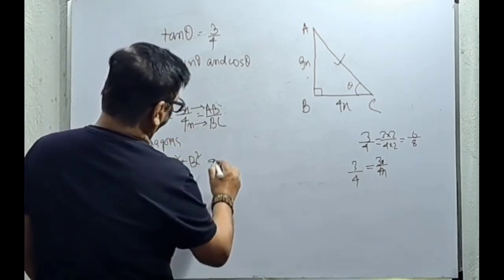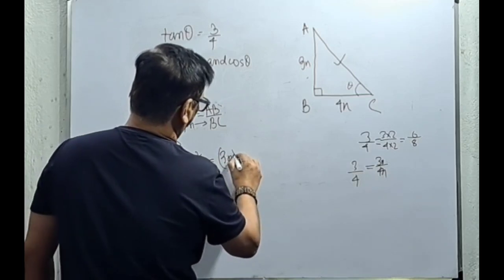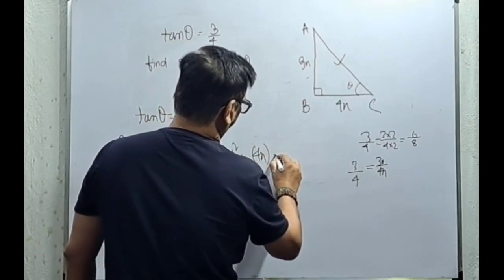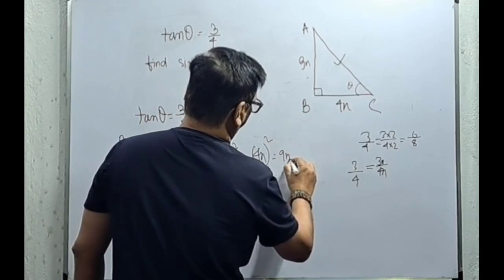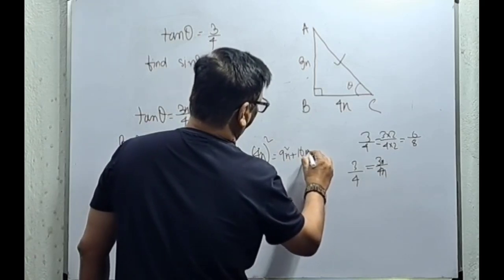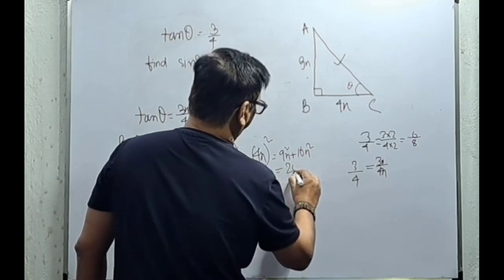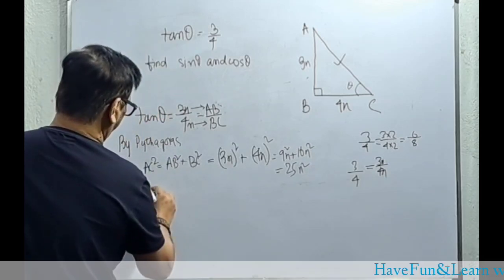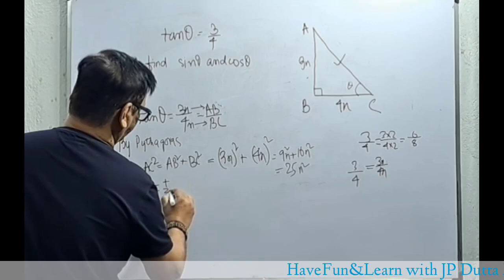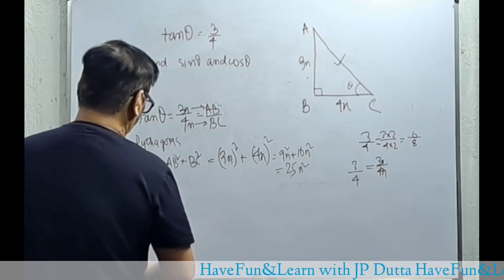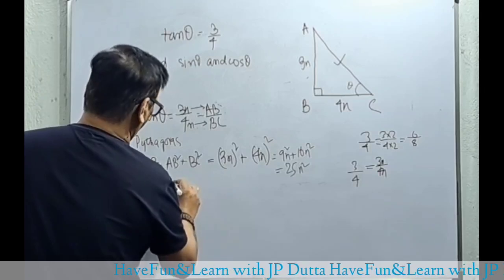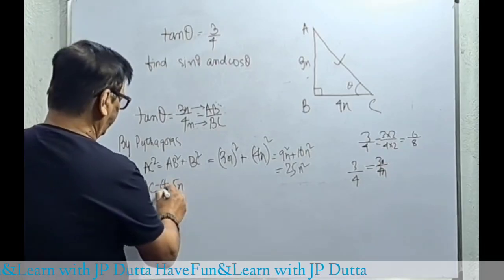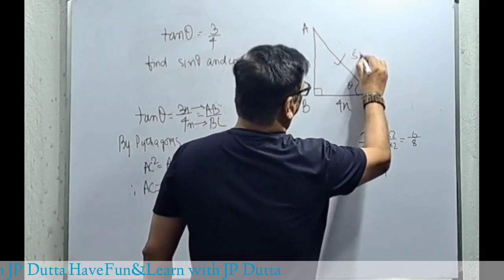AB square is 3n square plus 4n square, which gives you 9n square plus 16n square, which is equal to 25n square. So AC is equal to plus minus 5n. Since it's a side, we'll take the positive value. So we got this as 5n.